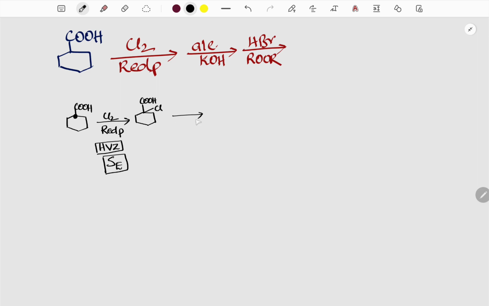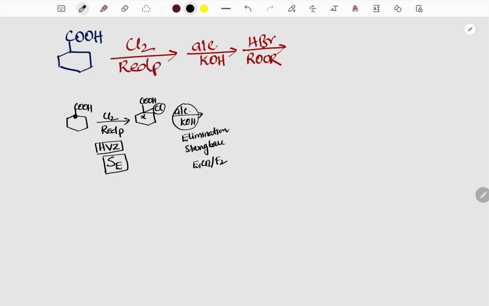Now it is treated with alcoholic KOH. Here a leaving group is there and with alcoholic KOH, it prefers elimination. Since it is a strong base, either E1CB or E2 is possible.